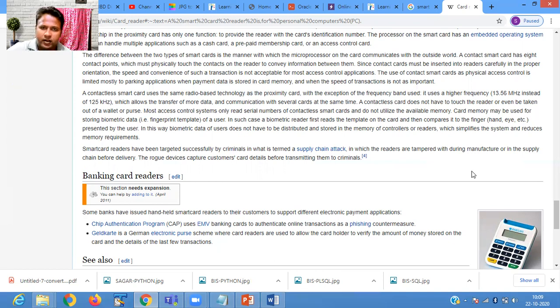It is of two categories. One is memory cards. Another is microprocessor card. So memory cards were used where? In a mobile phone.